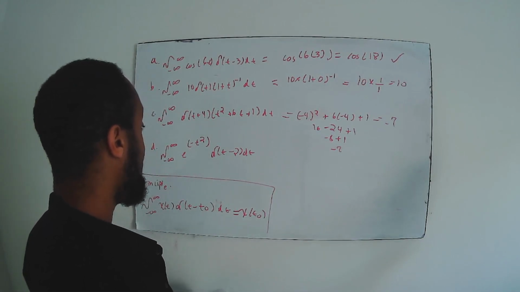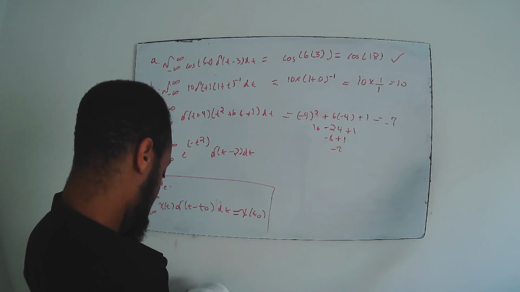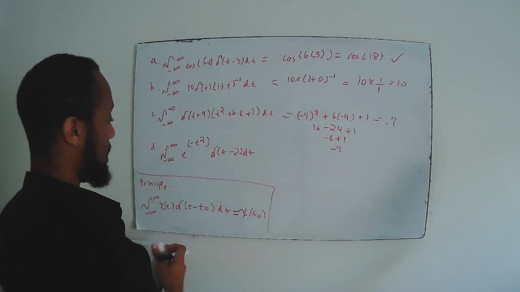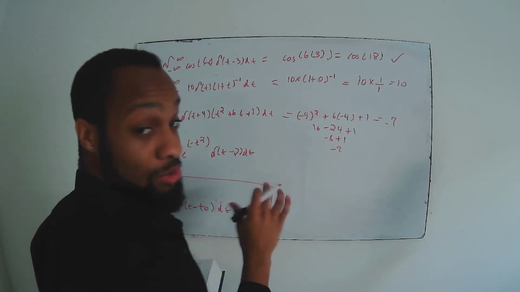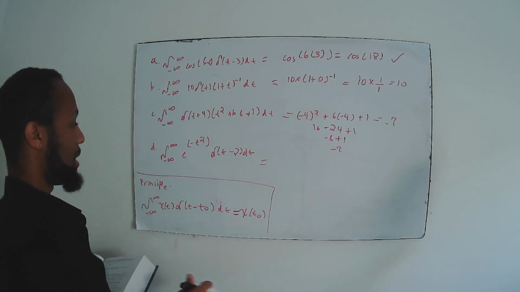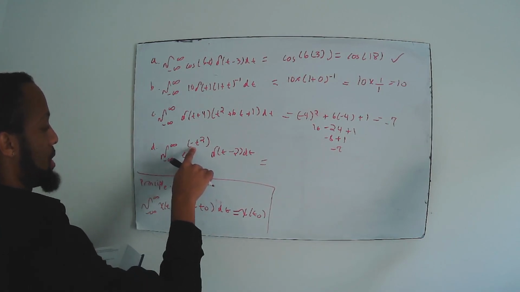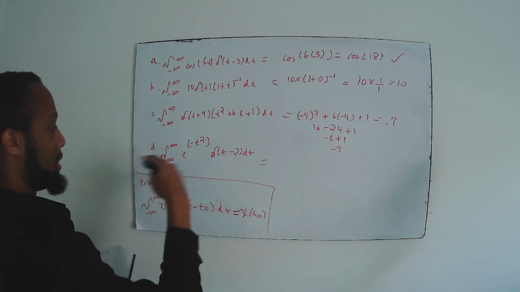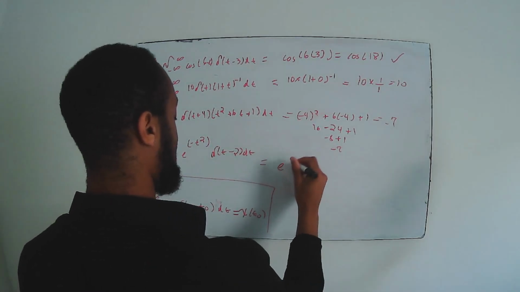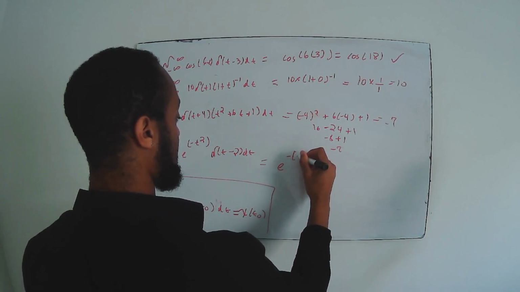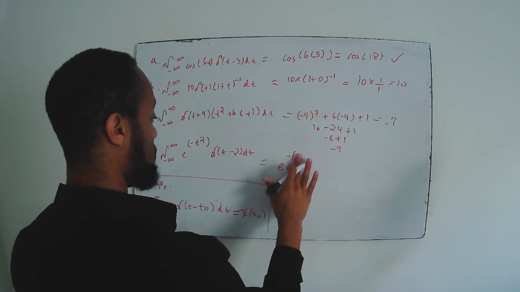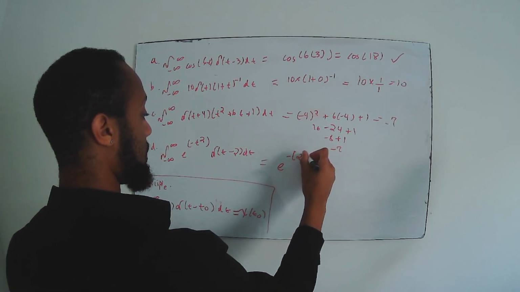And then finally, the last problem that we have is e to the minus t squared times delta of t minus 2. This one really tricks me up, so if it's wrong, you guys may be more knowledgeable about this, but I always think about this minus as being multiplied by the result of t squared. So when you have this minus 2 here, how I think about it is e to the minus, and then in parentheses we have 2, and we have 2 squared.